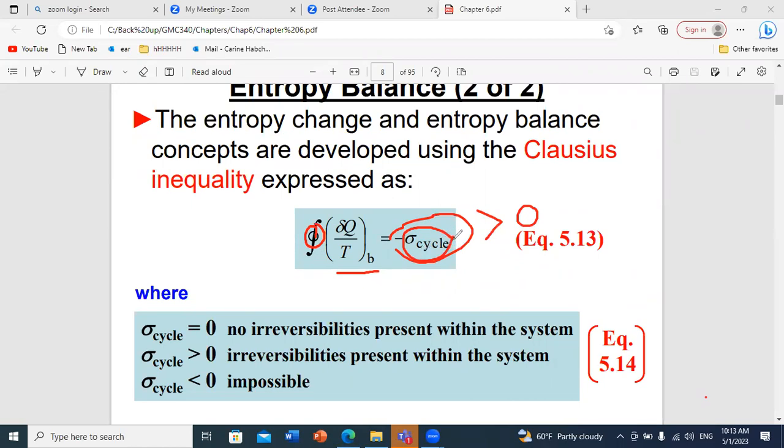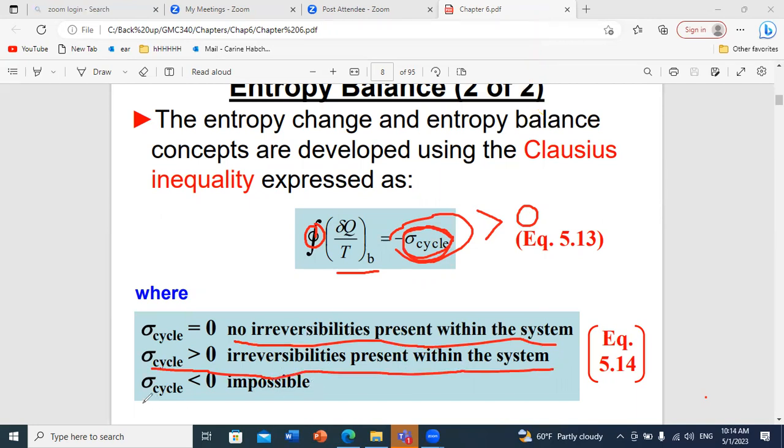And in this chapter, we'll do the interpretation of this sigma. What does this sigma represent? In case you get for your whole cycle, integral over the cycle, del Q over T at the boundary equals 0, then you can say that you have no irreversibilities within your system. If you get sigma positive, this means that you have irreversibility within your system.